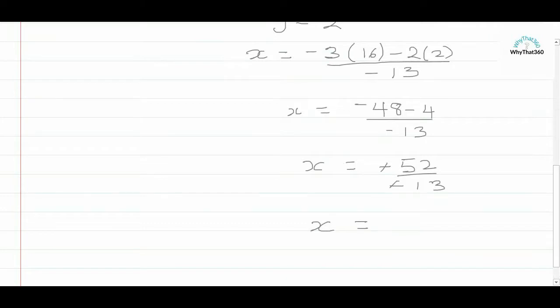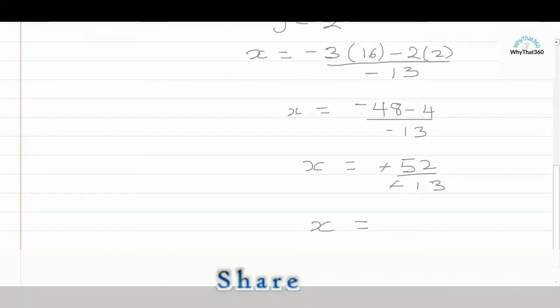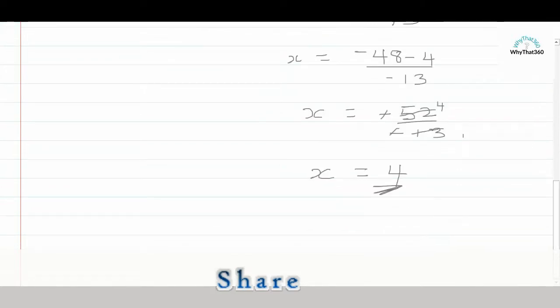There are 4 13s in 52: 13 goes into itself 1, and 13 goes into 52 four times. So x is equal to 4, and that becomes the value of x. So the solution is x is equal to 4, and we got y to be equal to 2.